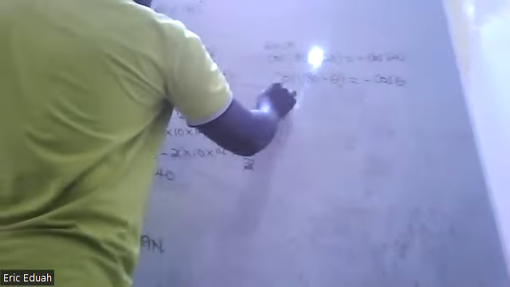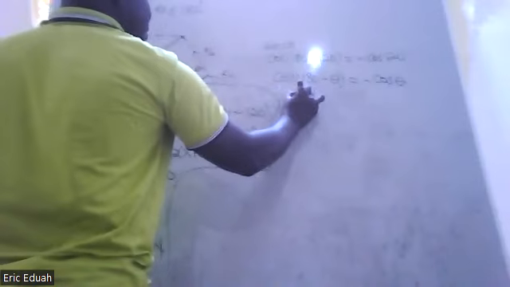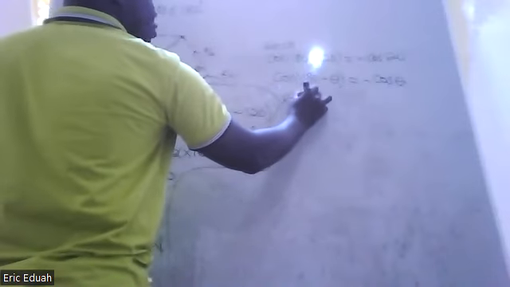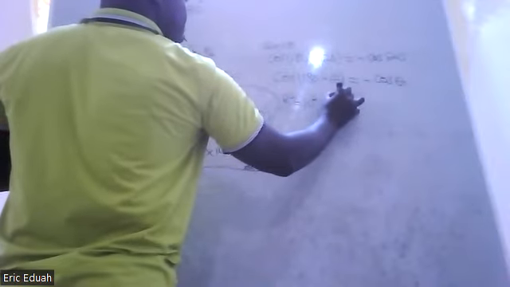We can also determine R using this angle. Then R squared will be equal to 10 squared plus 14 squared.